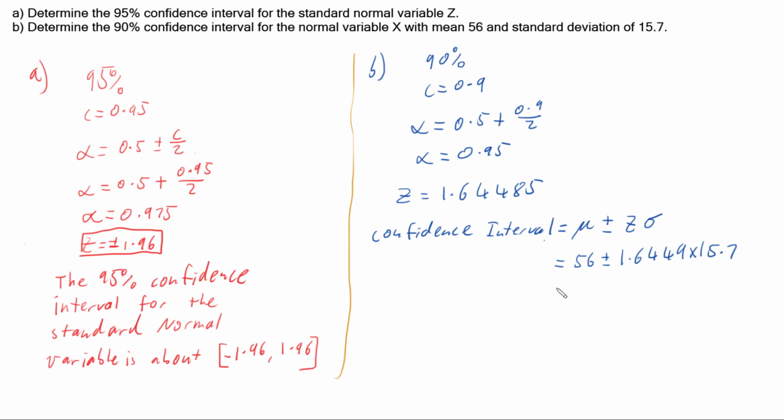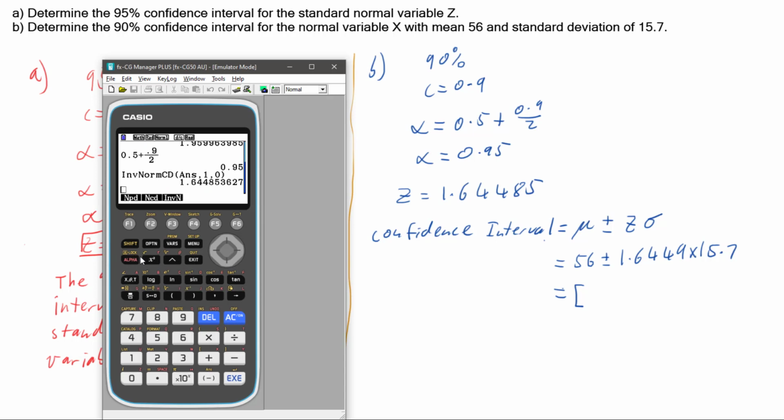If we go and work the confidence interval out, I'm going to store the z-score into Z as a variable, so that we have it. We have 56 plus our Z multiplied by our standard deviation, 15.7. Execute, and we have an upper limit of 81.82. We'll go to 3 decimal places, 81.824.